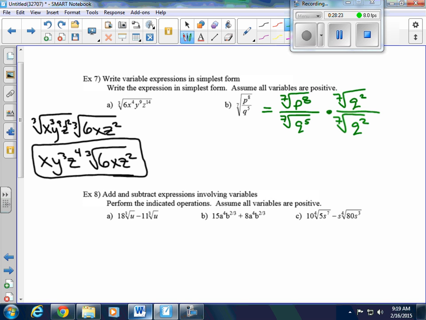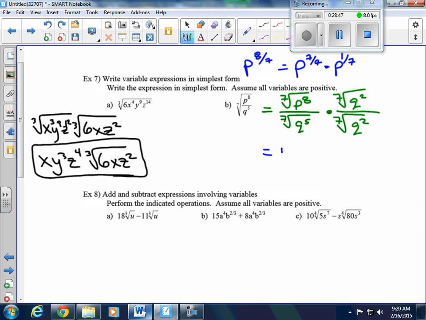All right. So now if we look at this, I have p times the 7th root of p to the 8th. Well, that is really going to be p to the 8 sevenths, which is p to the 7 sevenths times p to the 1 7th. So I'm going to take a p out of there.